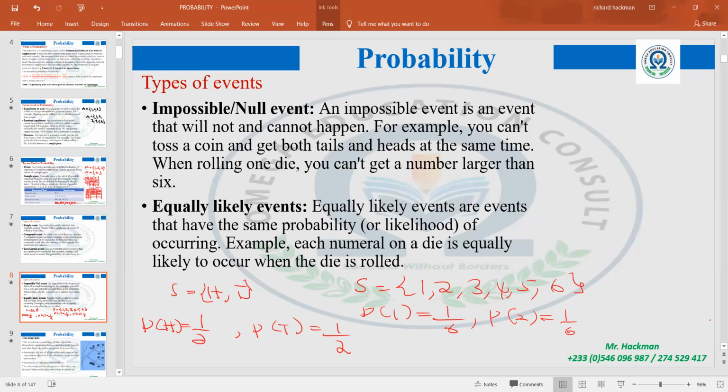All right. We have some special events which I have shelved. We'll look at them later because they are special. So we have what we call mutually exclusive and non-mutually exclusive events. We have what we call complementary events. We also have dependent and independent events.